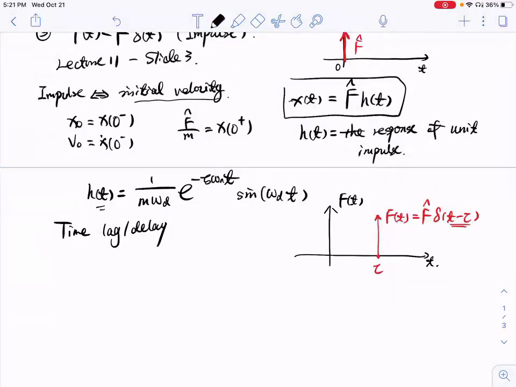The same thing, because it's a linear system, if you delay your excitation by τ, then your response will be delayed by τ as well. So your x(t) would be f hat h(t − τ), right? You just delay your response by τ. One thing you also need to remember is this is only true when time is greater or equal to τ. If it's smaller than τ, you have no response because the excitation hasn't arrived yet. Make sense?